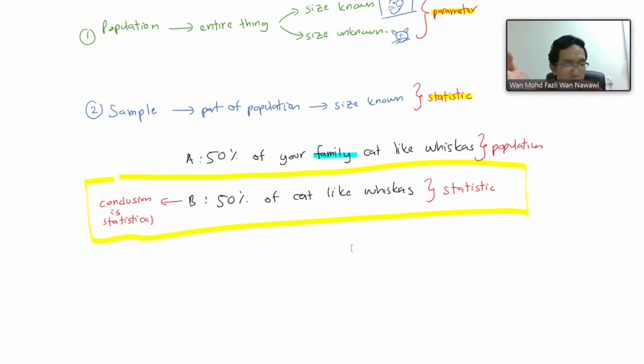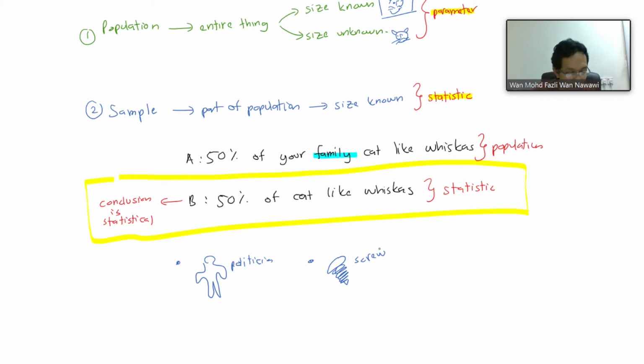You just ask a few of your friends. And the second example: let's say you are a quality engineer in a factory making screws. You don't test every screw coming out from the production line. You test only a few screws.